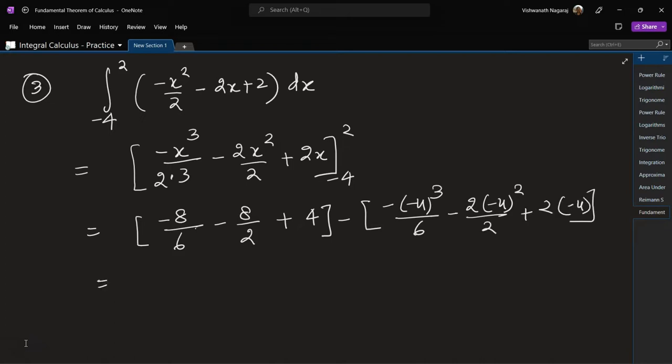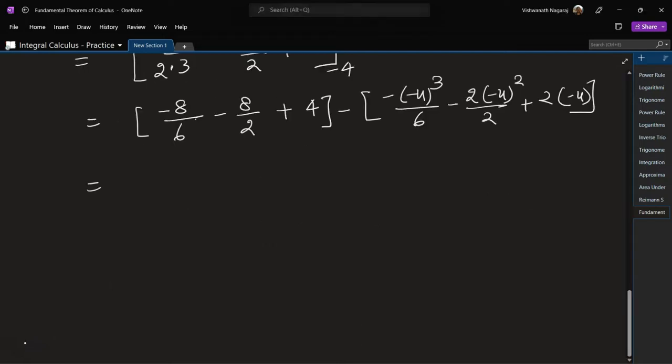You have to be very careful with these minus and plus signs. Now let's simplify this. 2 threes, 2 fours, 2 fours. These two cancel. So we are left with minus 4 by 3.